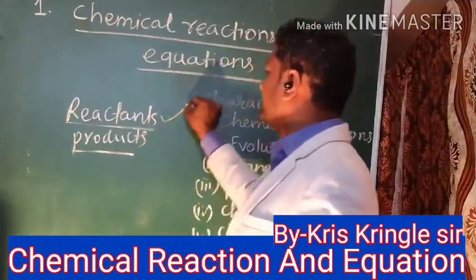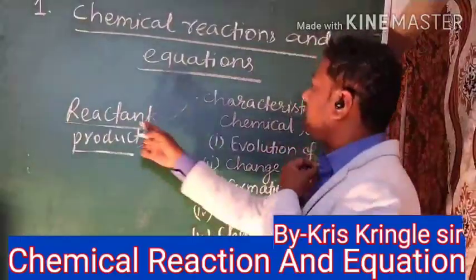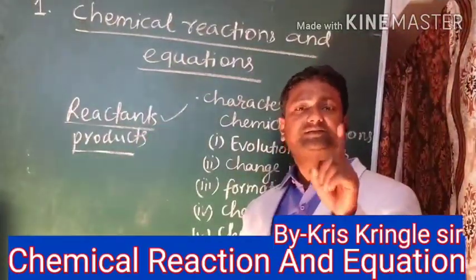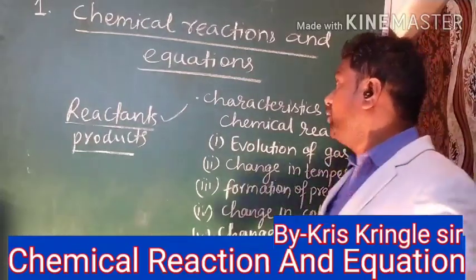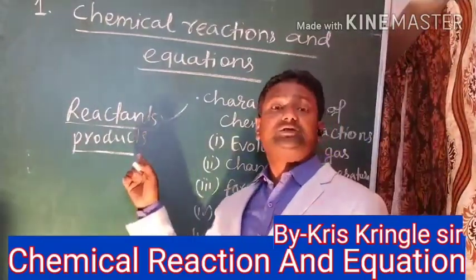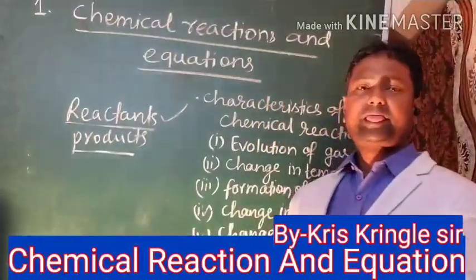Let us define reactants. The substances which take part in a chemical reaction are called reactants. While the substances which are formed as a result of the chemical reaction are called products.